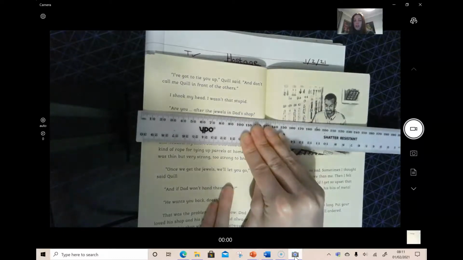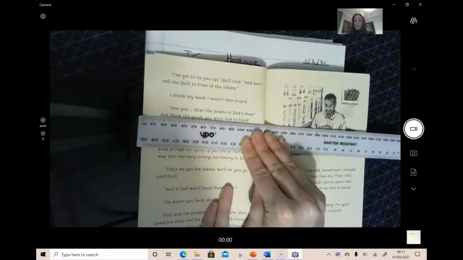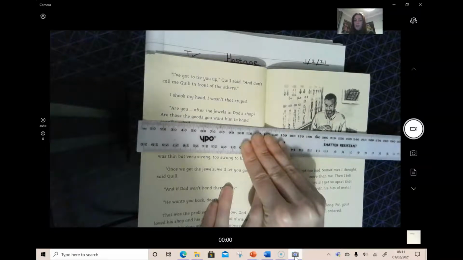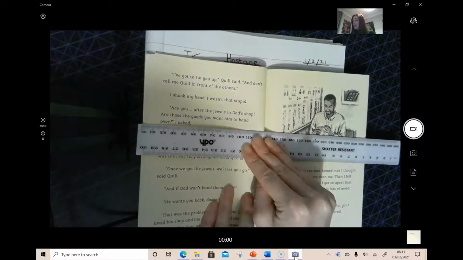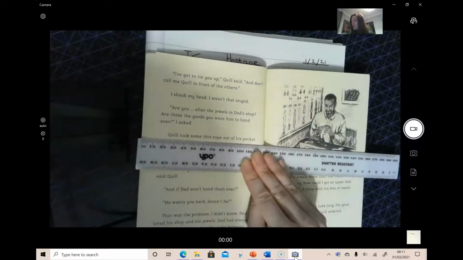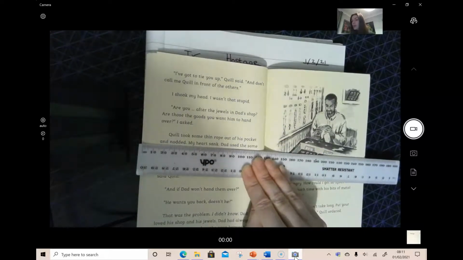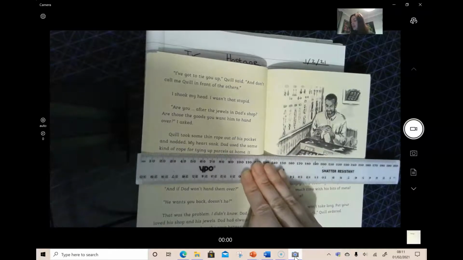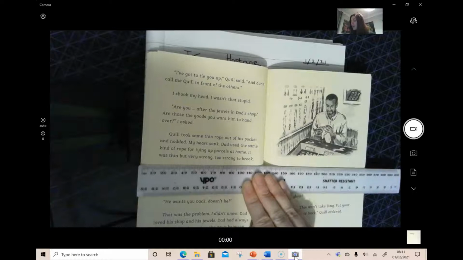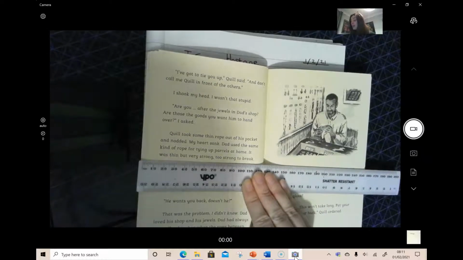I wasn't that stupid. Are you after the jewels in my dad's shop? Are those the goods you want him to hand over? I asked. Quill took some thin rope out of his pocket and nodded. My heart sank. Dad used the same kind of rope for tying up parcels at home. It was thin, but very strong. Too strong to break.